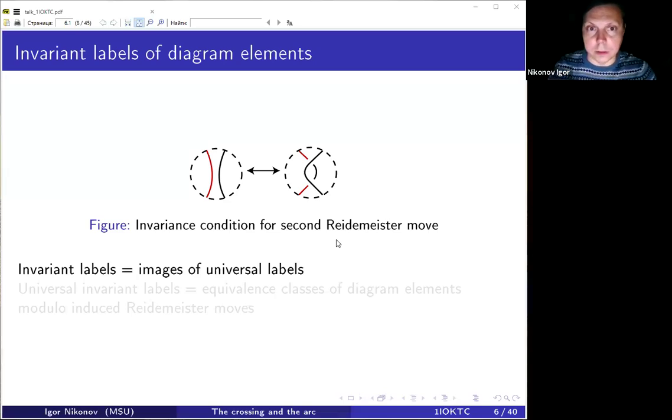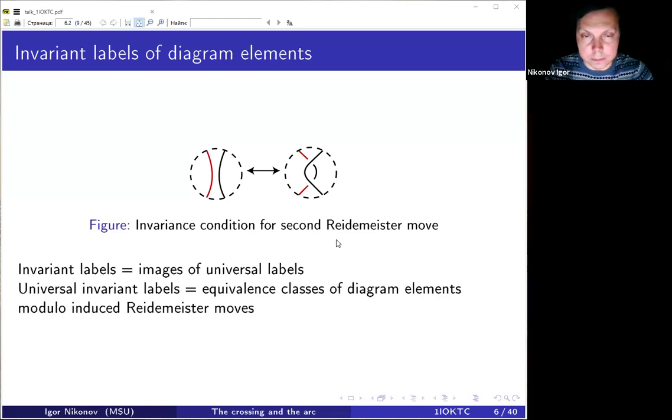And if we ask which information these invariant labels can carry, we come to the universal invariant labels, which are the initial object among all the labels. And it is natural to define these invariant labels as equivalence classes of these diagram elements, of arcs. So we consider all diagrams, and then we identify the arcs of different diagrams which correspond to each other by the Reidemeister move or by some isotopy of the diagram.